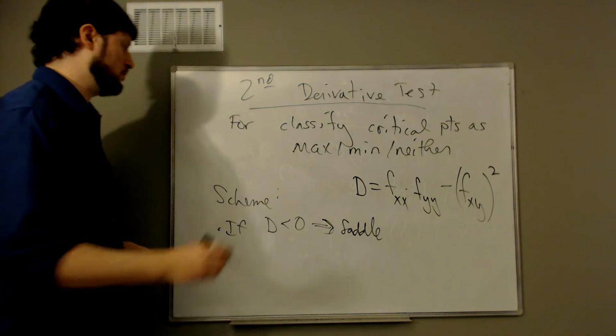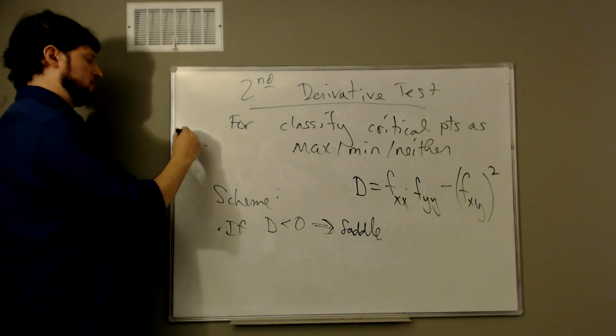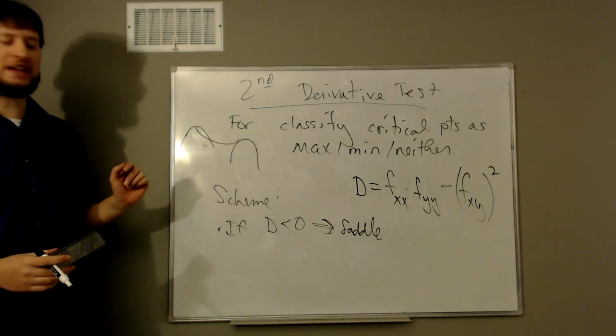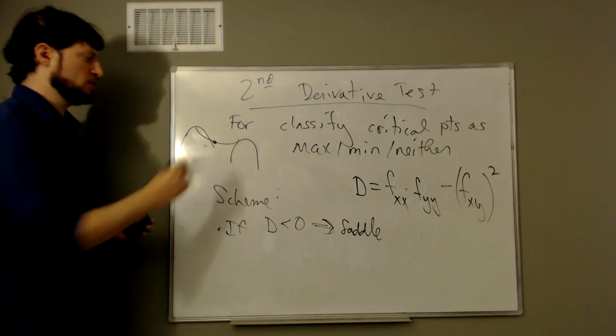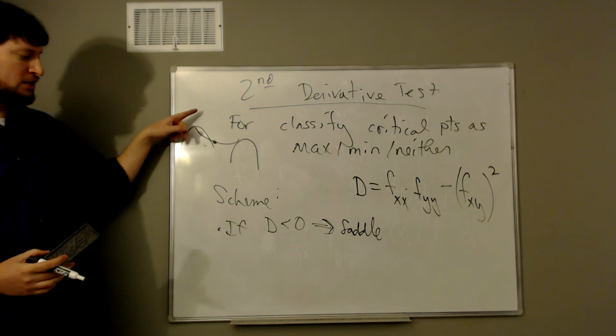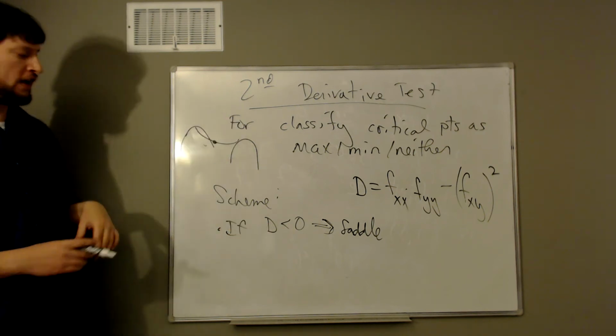It's a saddle point. We'll look at examples of these, but really we call them saddle points because if I looked at the shape of a saddle, well then right here I have a horizontal tangent plane, but it's not a max or a min. And so that's what's happening if D is negative. I get something that essentially follows that shape.